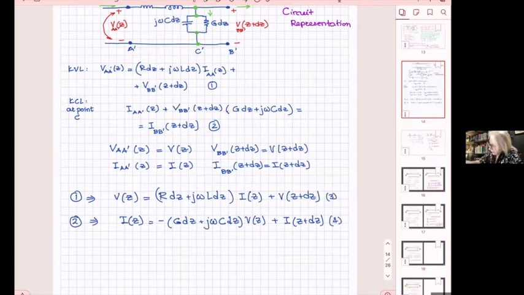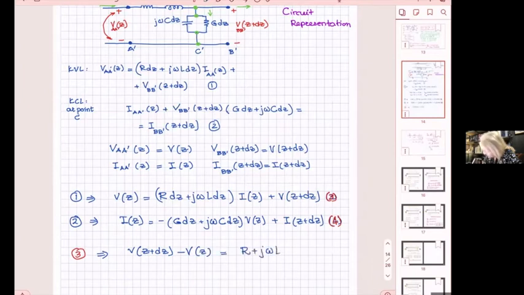So from 3 now, I can rewrite the following. V of z plus dz minus V of z, I move both to the same side, equals R plus j omega L times dz times I of z.